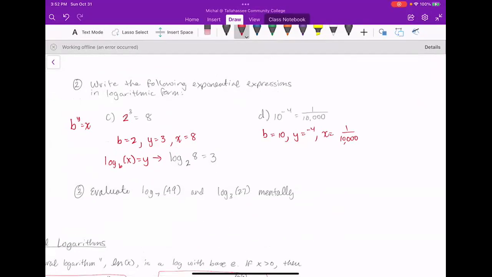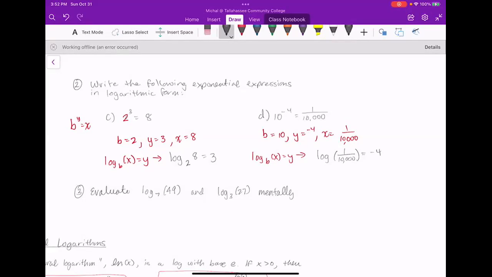Right, so if I write this in the form log base b of x equals y, I get log base 10 of x, so I don't have to write my base because it's base 10. So log of 1 over 10,000 is equal to -4. And that means that I would do 10 to the power of -4 is equal to 1 over 10,000. So they go back and forth.